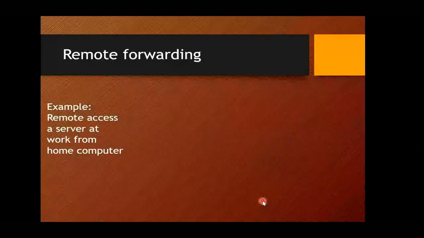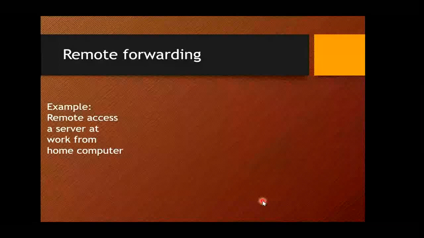In this example, we will consider that we want to access work from the home computer. Because the work server is behind a firewall, it will not accept any SSH request from the home computer.